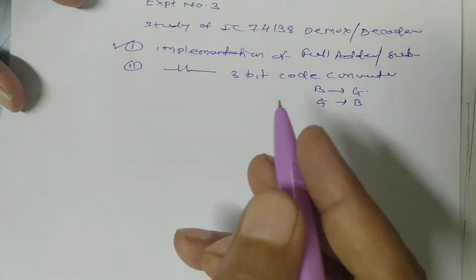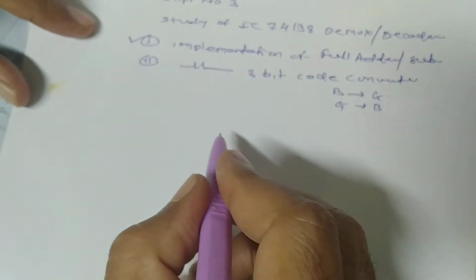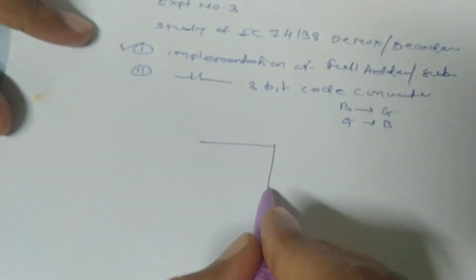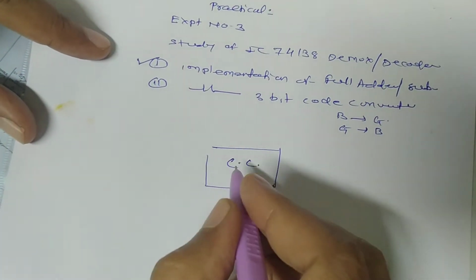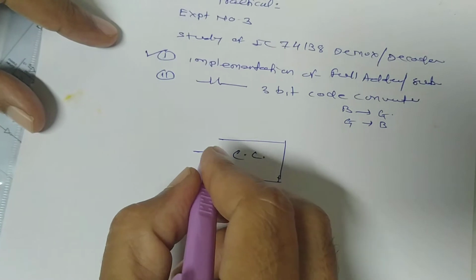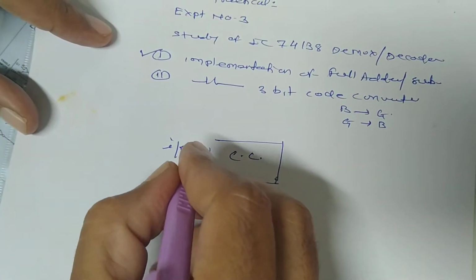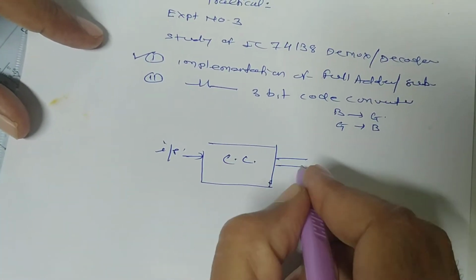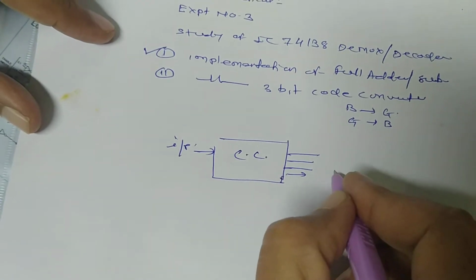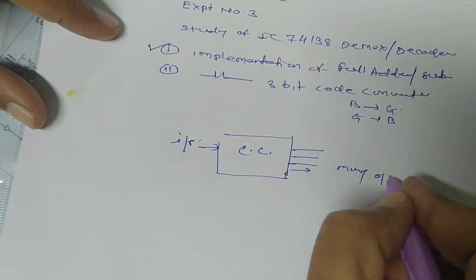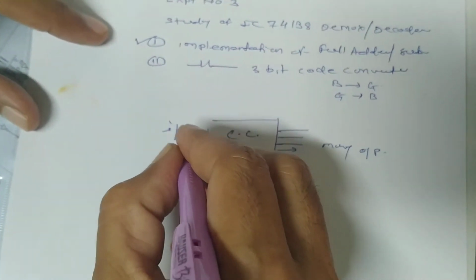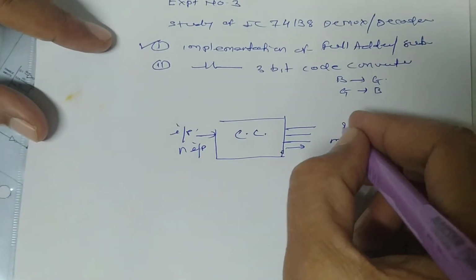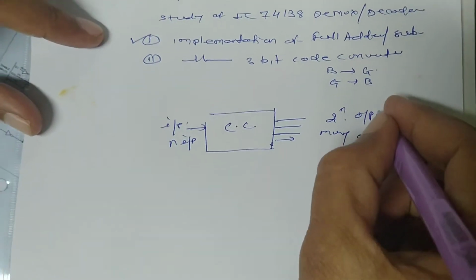So very first you should know what is meant by DMUX. DMUX is a combinational circuit which is having one input and many outputs. Generally n select inputs and 2 raised to n outputs.